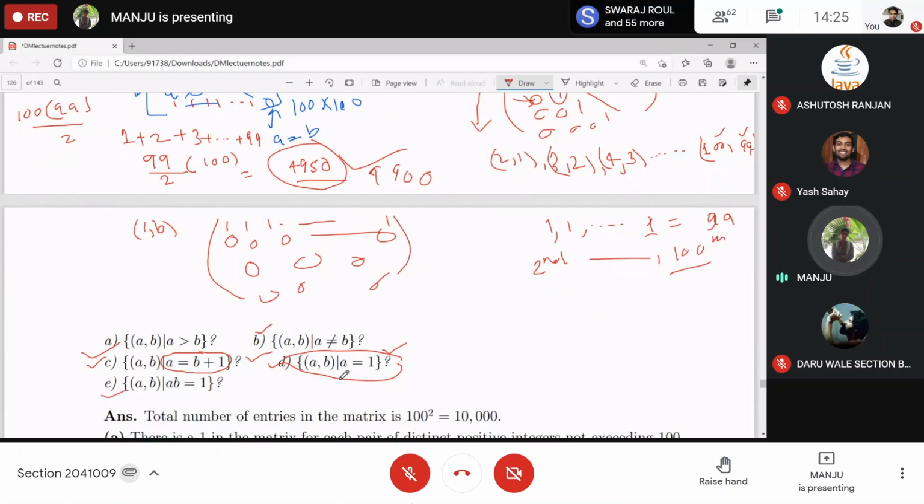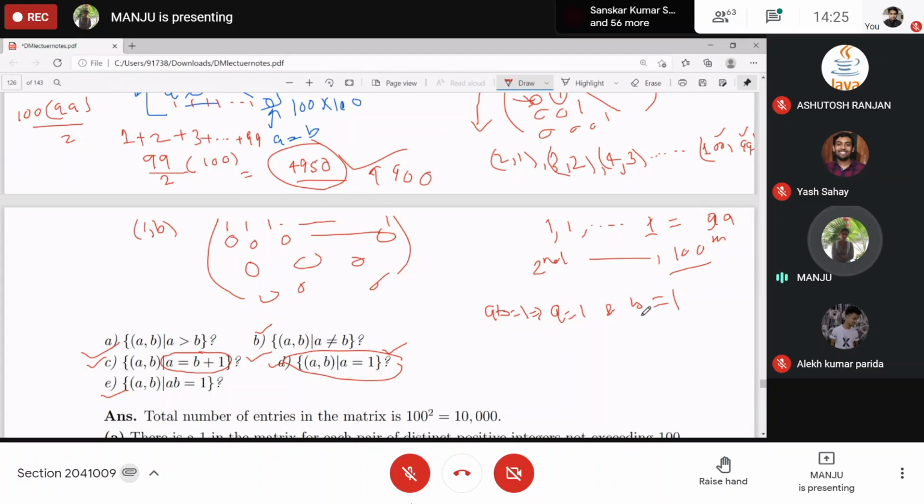What about the E part? 1. 1 only? Because here we have positive integers only, 1 to 100. So this is AB is equal to 1. The product is 1 only for A equal to 1 and B equal to 1. Both are 1, right? Nothing else.